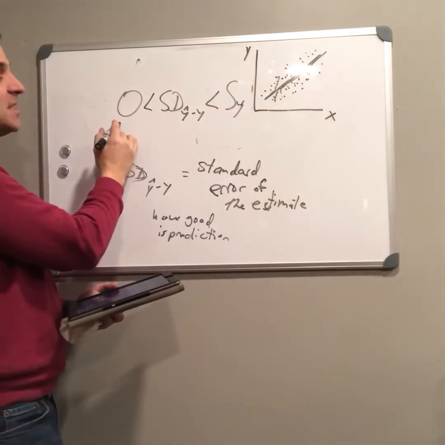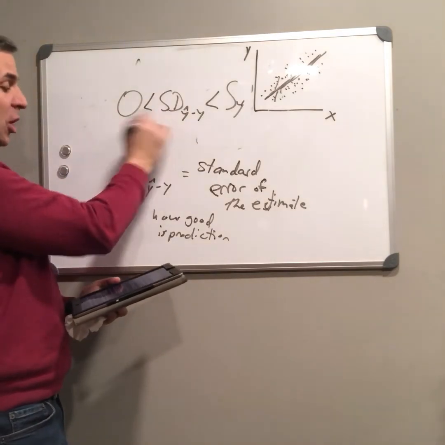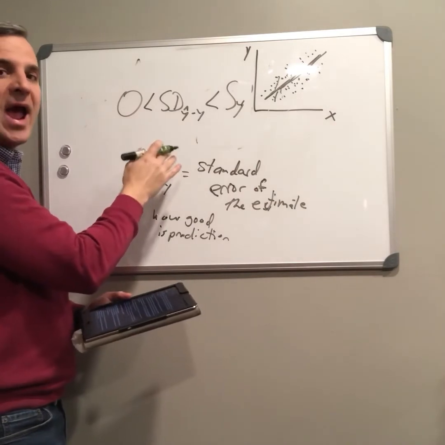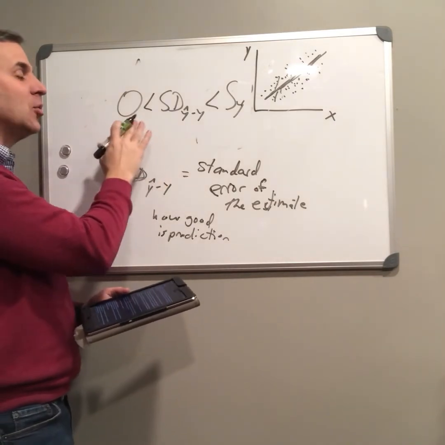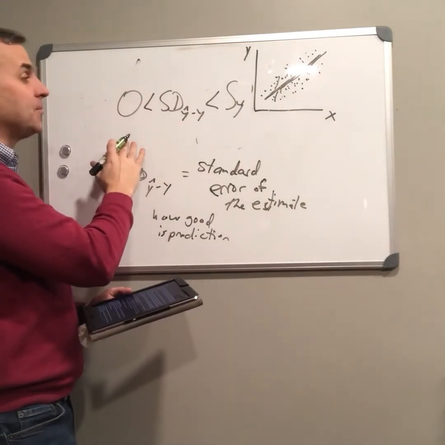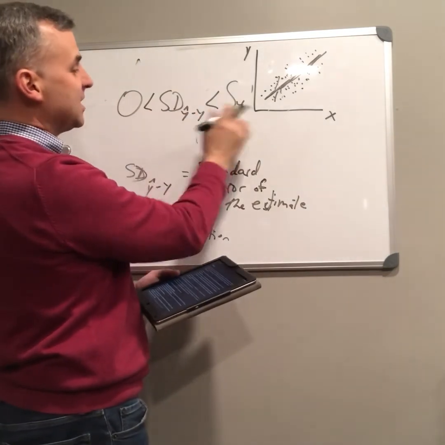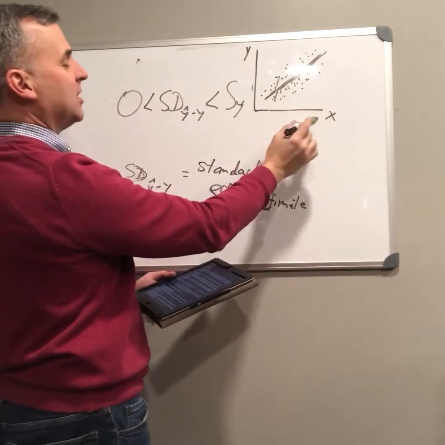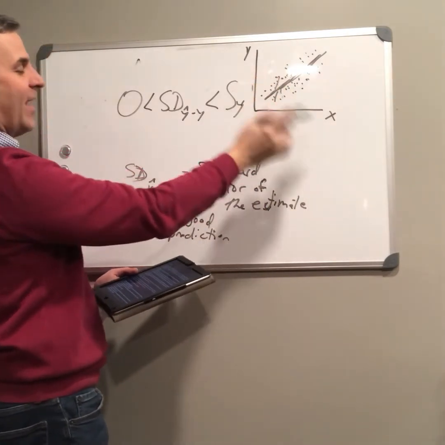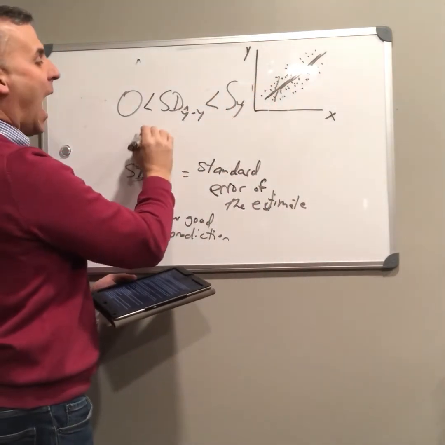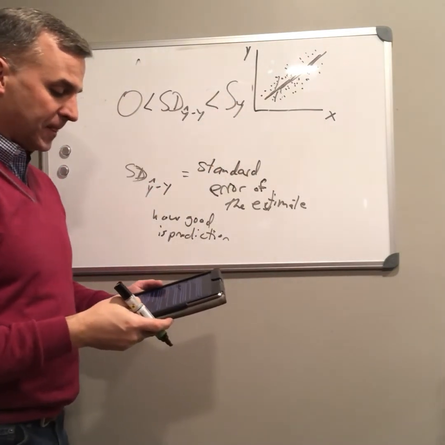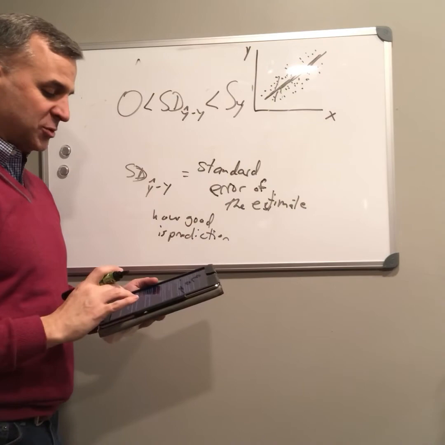So the closer the standard error of the estimate is to 0, the less error I have, the better the predictive value of my regression equation. The closer this is to the standard deviation of y, right? So if there is no relationship here, or if x is a poor predictor of y, my errors will be closer to just the standard deviation of y. And that's what's going to happen, right?